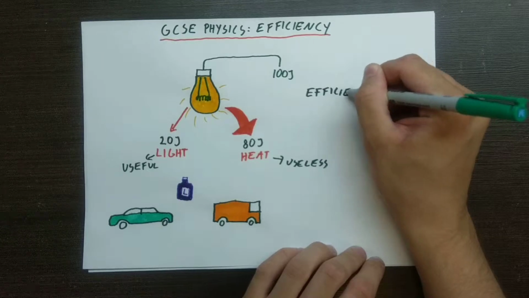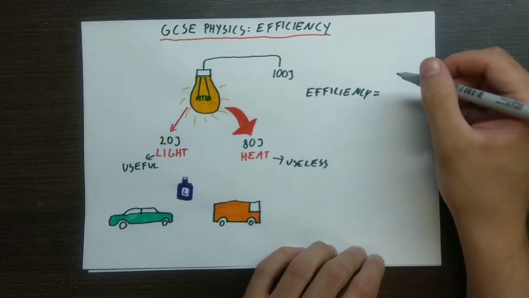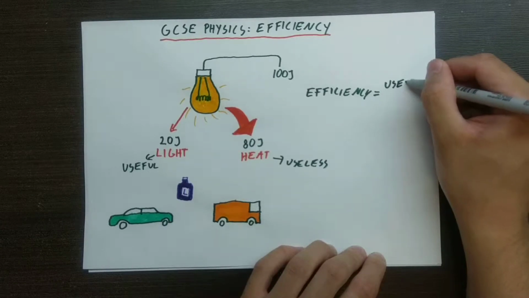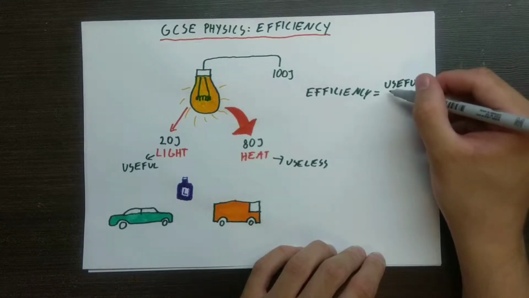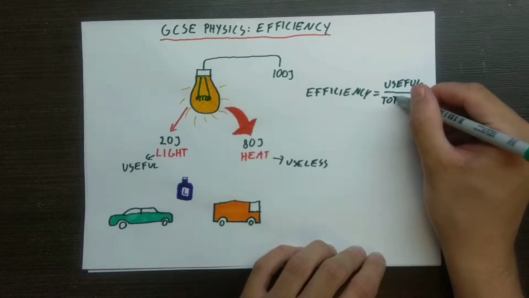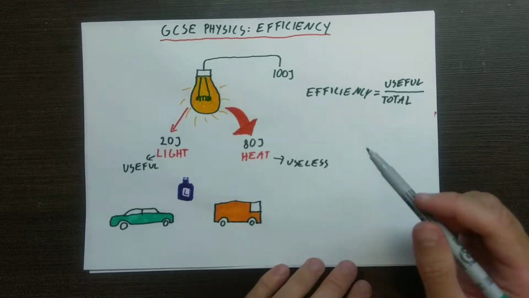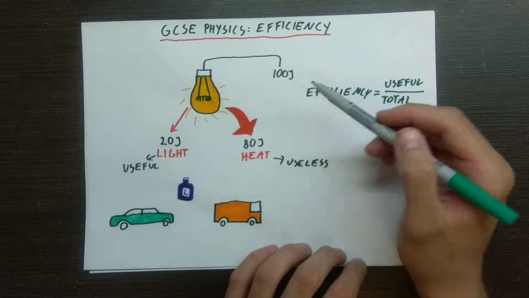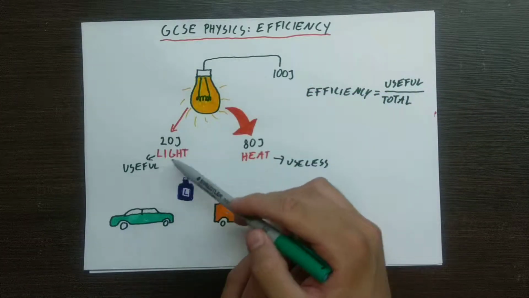Efficiency is equal to useful output divided by total input. Now, this is essentially what we're talking about. The input is 100 joules, and the useful output here would be that 20 joules.